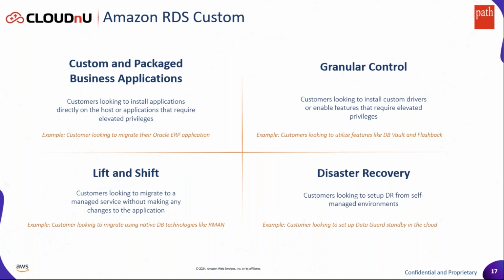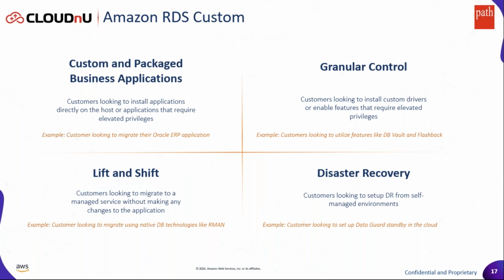And for those applications which are vendor applications, where you are running databases provided on top of vendor applications, a few examples are Oracle E-Business Suite, Microsoft SharePoint, and various third-party products from SAP. All of these run with relational databases in the backend. If you have any of these, but you want to leverage the managed service, we have RDS Custom as an offering.